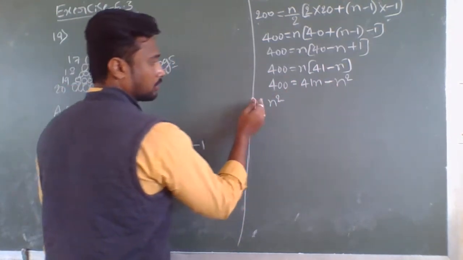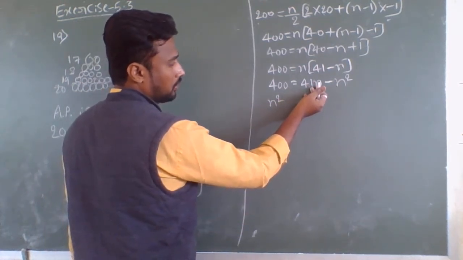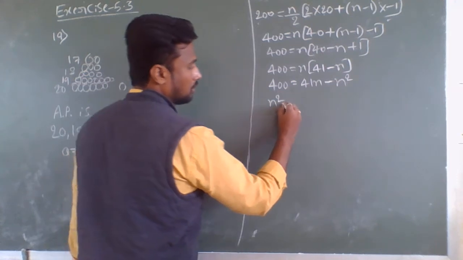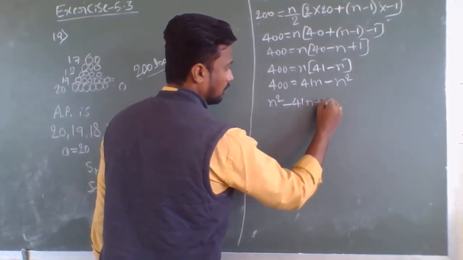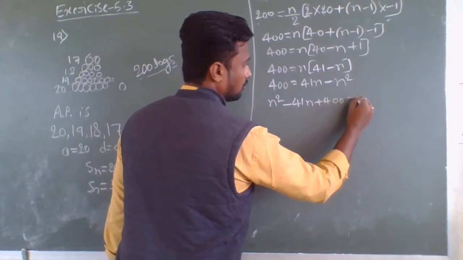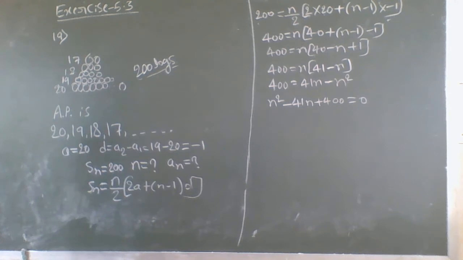I will move this n square to the other part. Therefore n square, and this is 41n. When it comes to the other part, minus 41n plus 400 is equal to 0. So now we got the quadratic equation as n square minus 41n plus 400 is equal to 0.